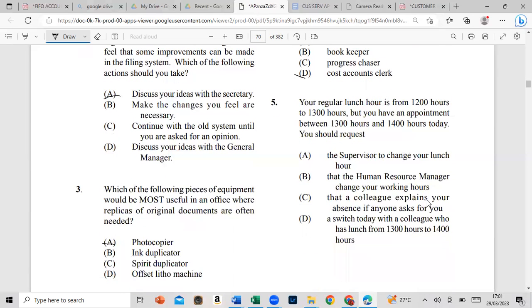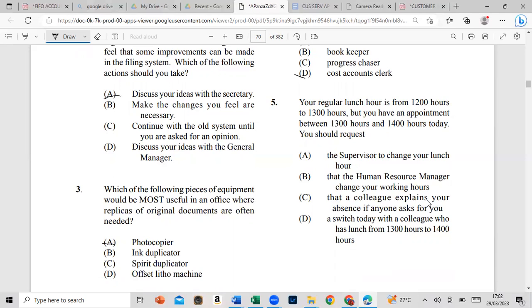Alright, let's move on to number 5. Your regular lunch hour is from 1200 hours to 1300 hours, but you have made an appointment between 1300 hours and 1400 hours today. You should request A. The supervisor to change your lunch hour.